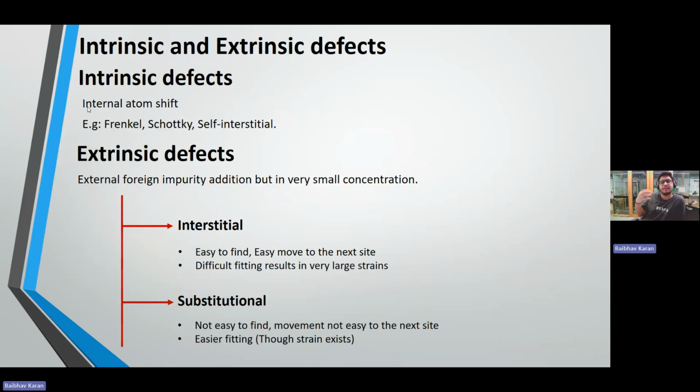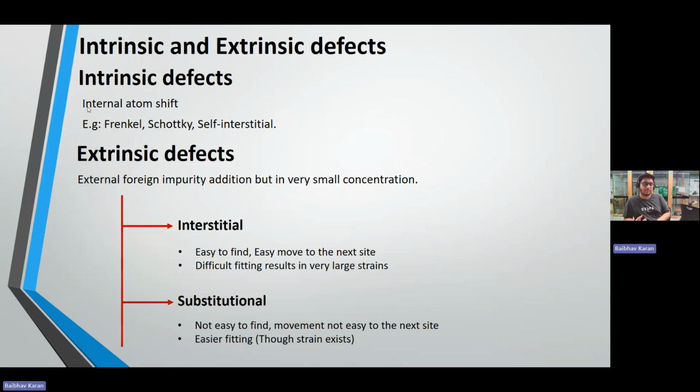When it is at an interstitial position, it will be an interstitial extrinsic defect. And when it is at a lattice site, it will be a substitutional defect, because the lattice site will not be vacant; the element in the lattice site has to go out and a new element has to sit there. The difference between these two: interstitial extrinsic defects are easy to find and easy to move to the next sites because the interstitial sites are always vacant, right?